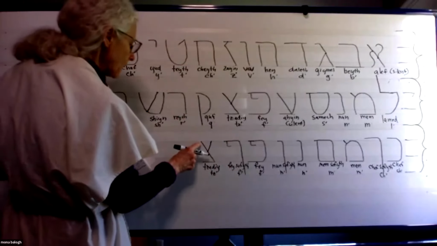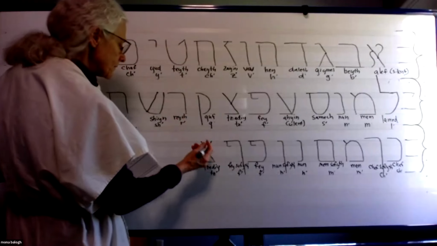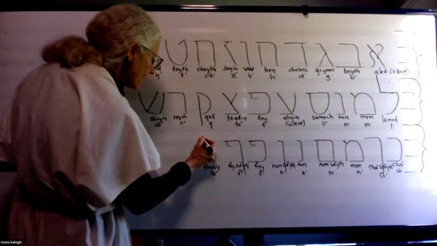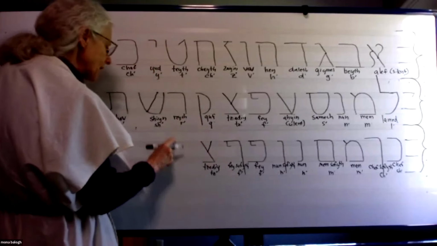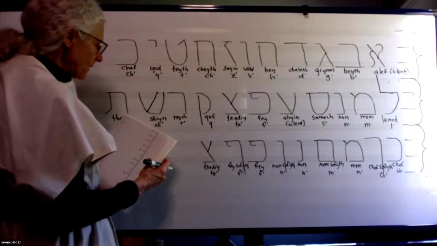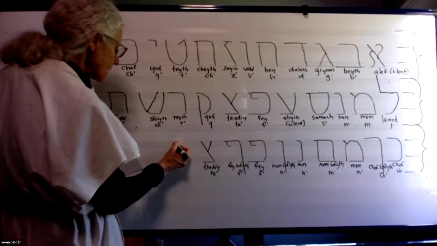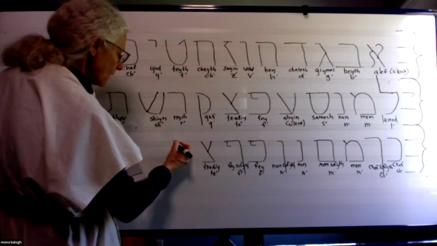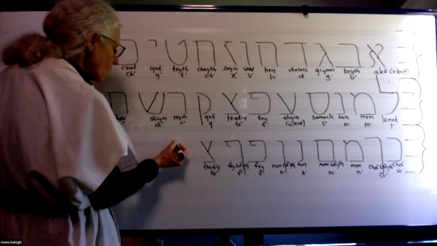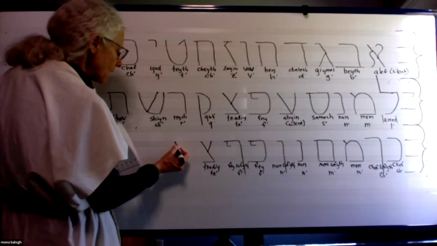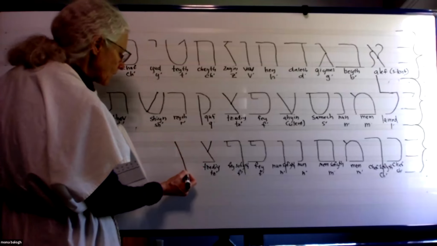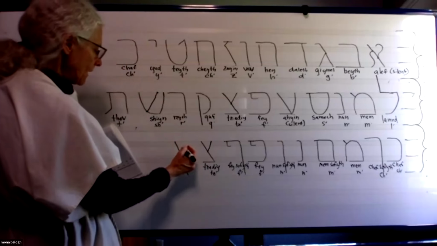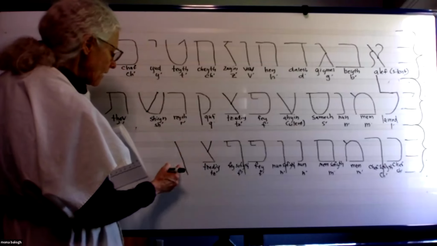Sadi sofiyth. Now this is a nice sharp diagonal from upper left to lower right. If it's sadi sofiyth, we're going to make a much gentler diagonal. So start with the upper left, and instead of going sharply to the right, we're going very gently, and we're going to keep on going down below the line. Sadi sofiyth looks like the way it starts out.